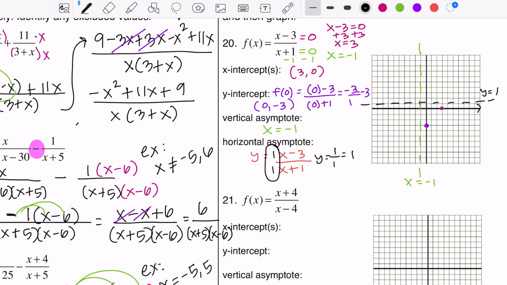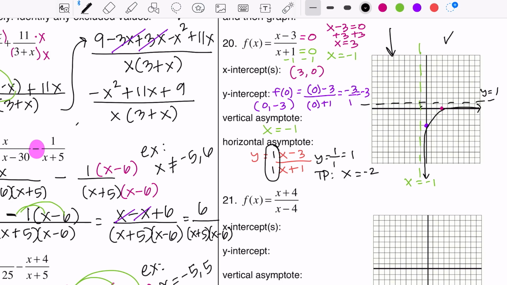So now I know that I have this right here as part of my graph, but these graphs have two parts, so I need to know what it's doing on the other side of the asymptote, which is this side, because I know what it's doing over on this side. So I'm always going to pick, for my preference, my test point to be the number to the left or just one away from the asymptote.